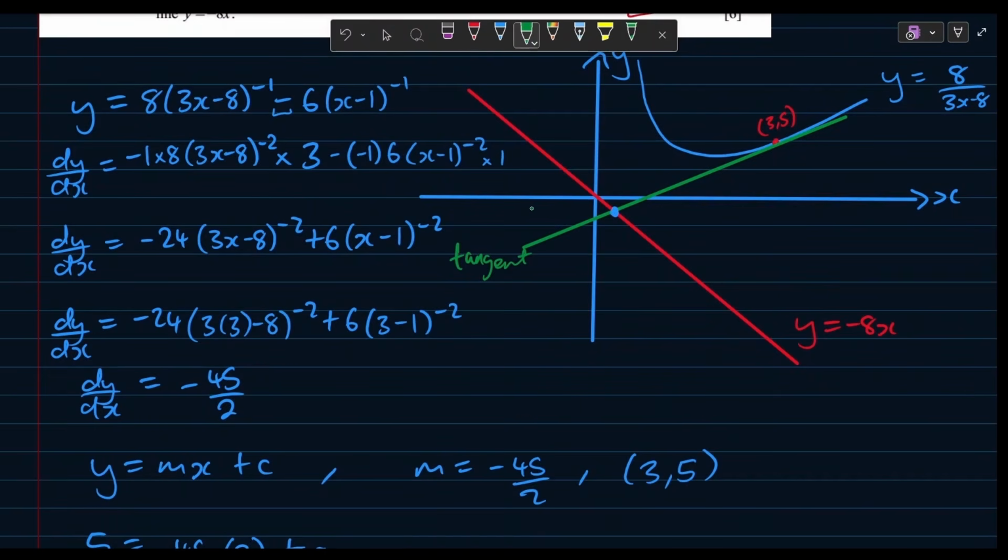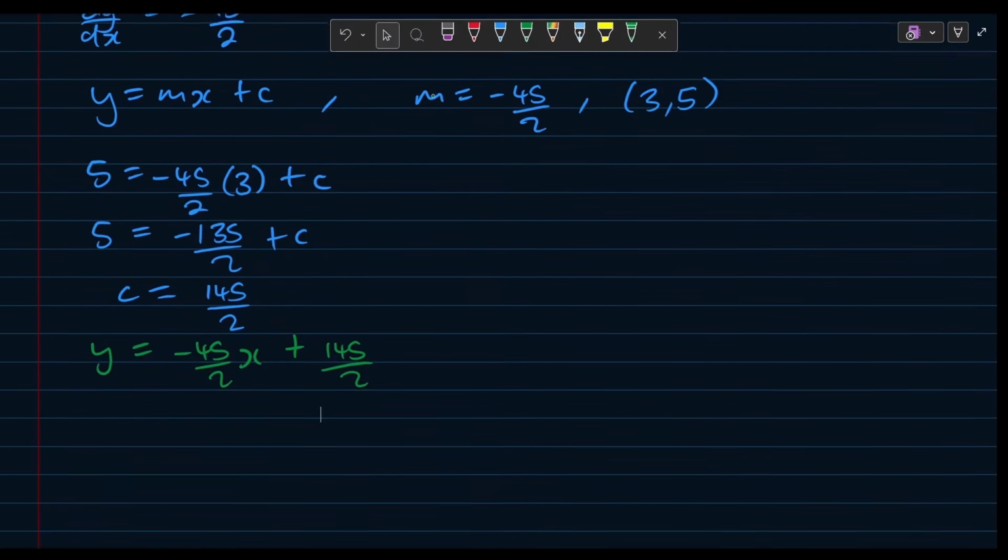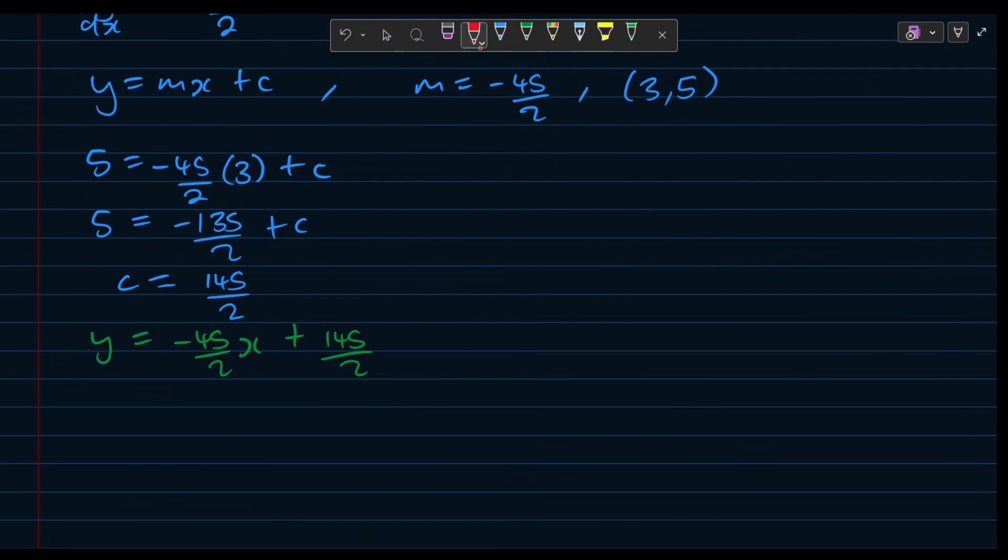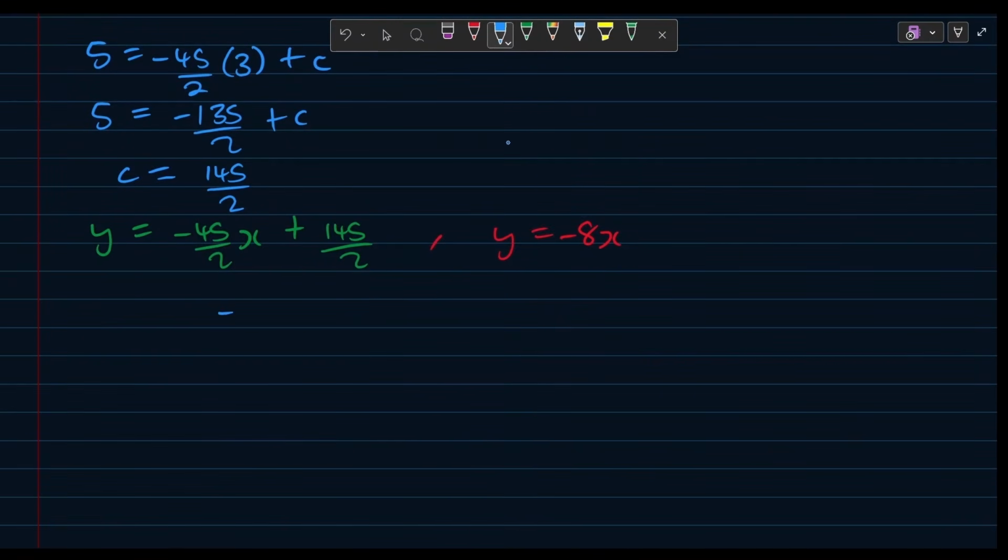And now we're saying that we need to solve for the point of intersection between the green tangent and the red line. The red line has equation y is equal to negative 8x. So we can just equate these two. So I've got negative 45 over 2x plus 145 over 2 is equal to negative 8x.